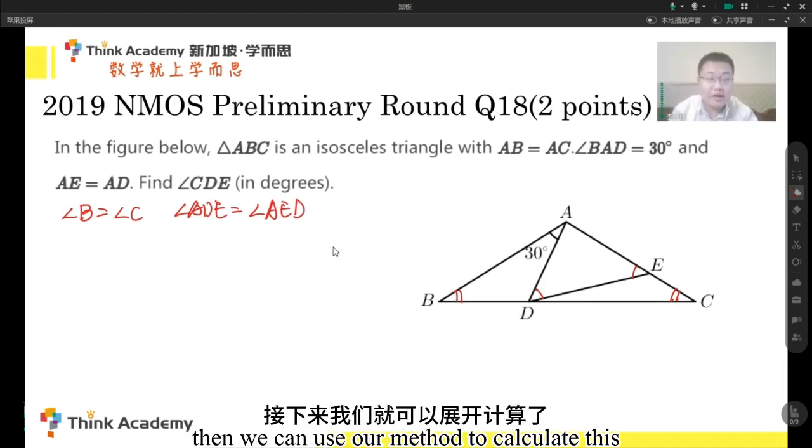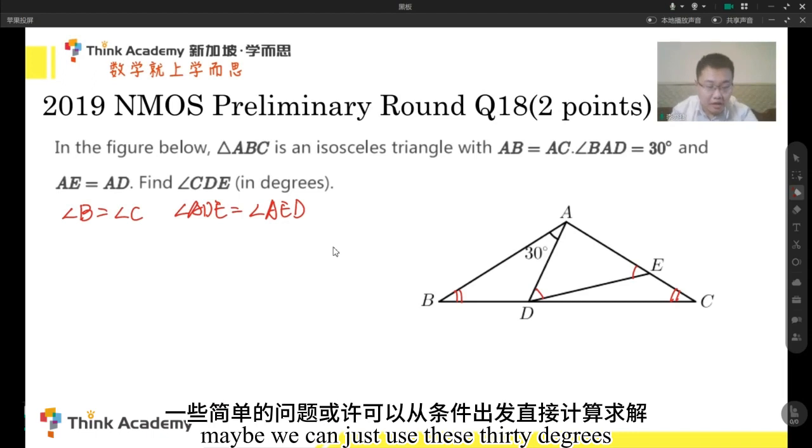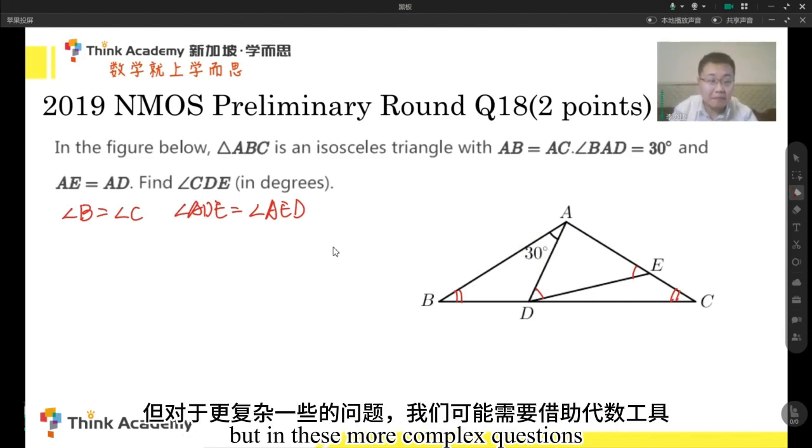Then we can use our method to calculate it. For simple questions, maybe we can just use the 30 degrees and move forward and solve the problem easily. But in more complex questions, sometimes we need some method in algebra.